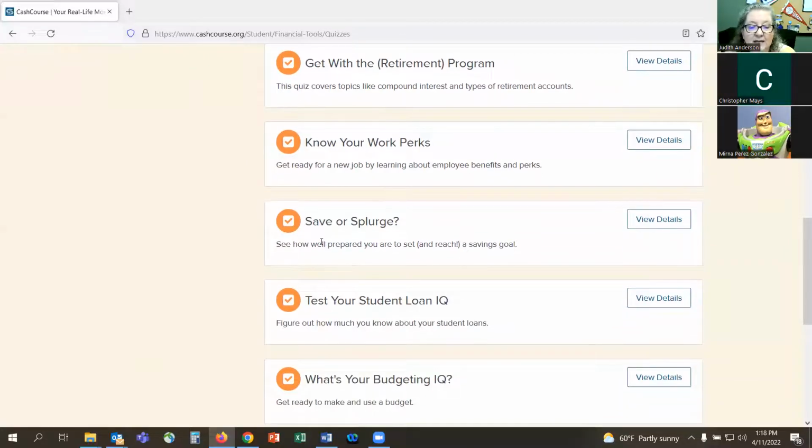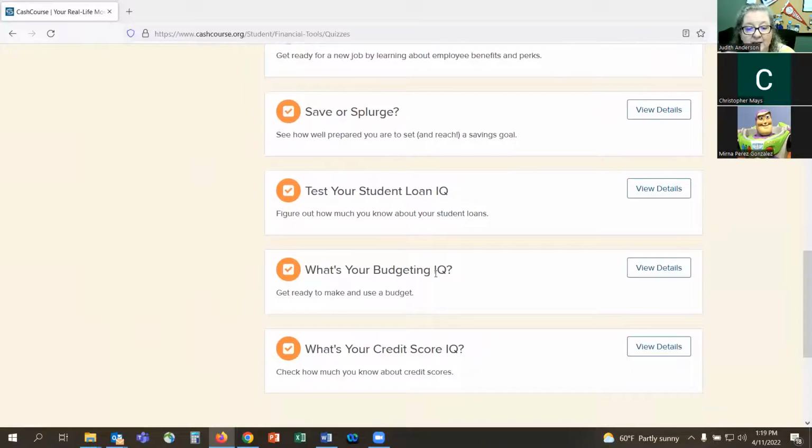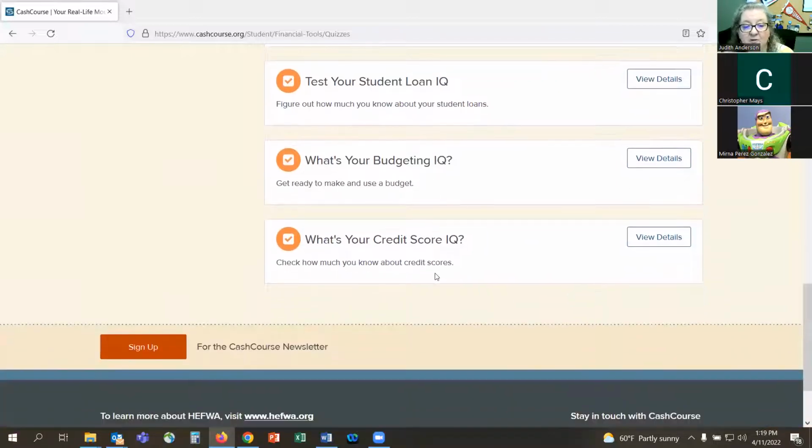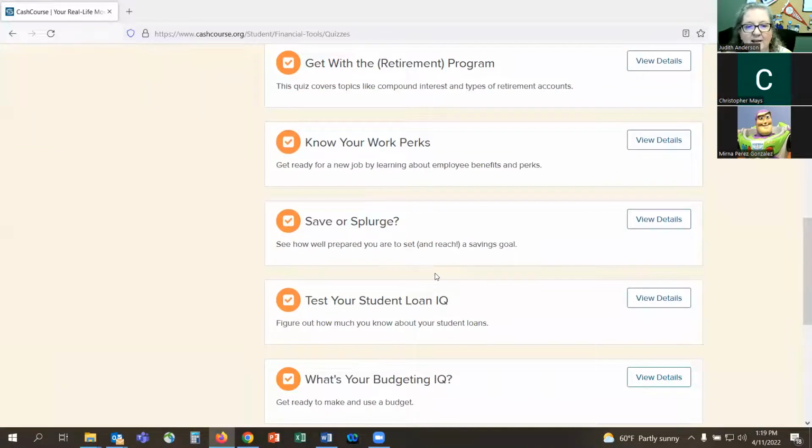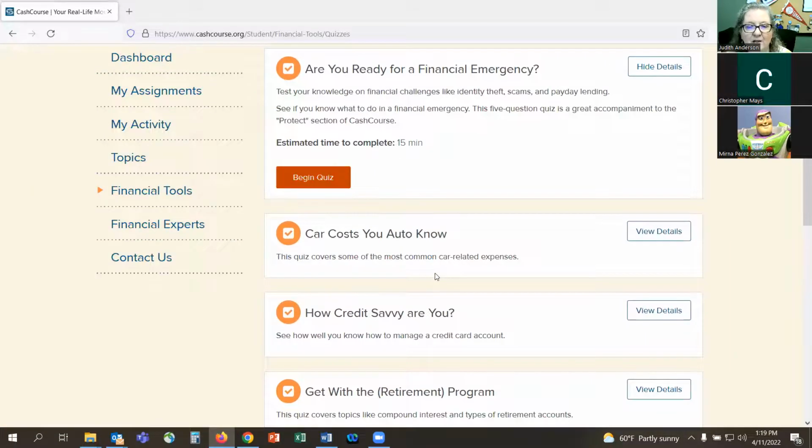And then another one on saving and splurging. Test your student loan IQ, budgeting IQ again, credit score. So you see these topics come up over and over again, but that just helps you understand more of what everything is and how to use them. And then it'll just become something common in your life.